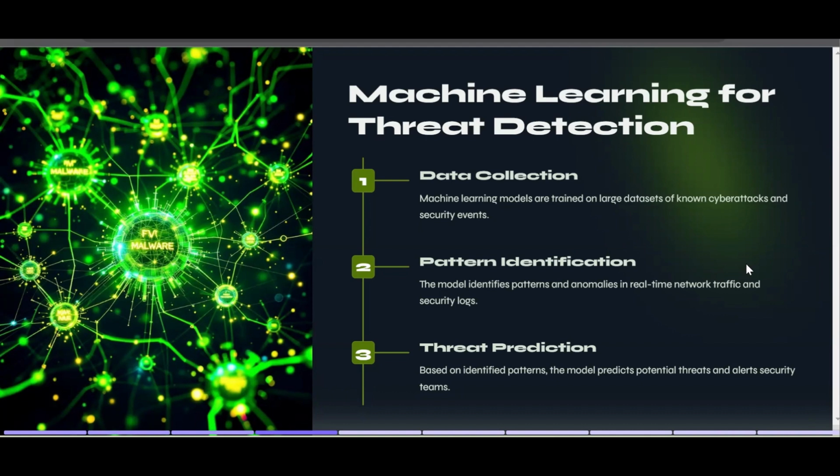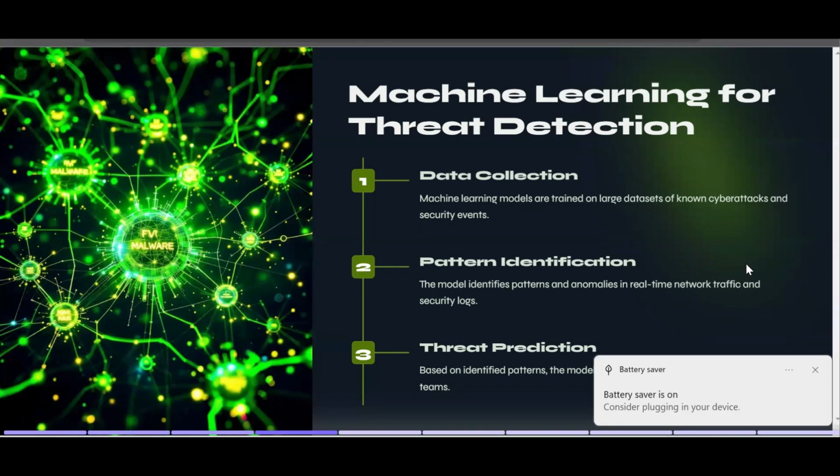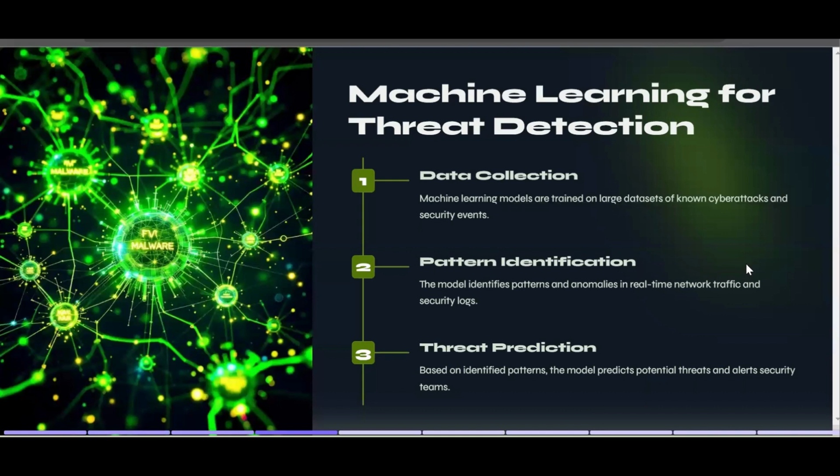Then that model identifies patterns and anomalies in real-time network traffic and security logs. Once it is trained, it will have a capability of learning anomalies in real-time network traffic.